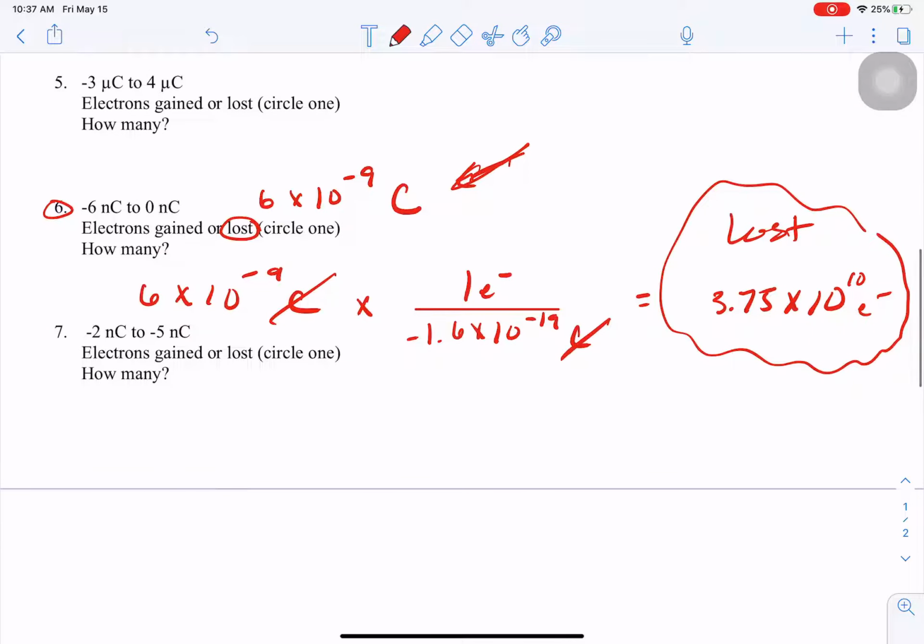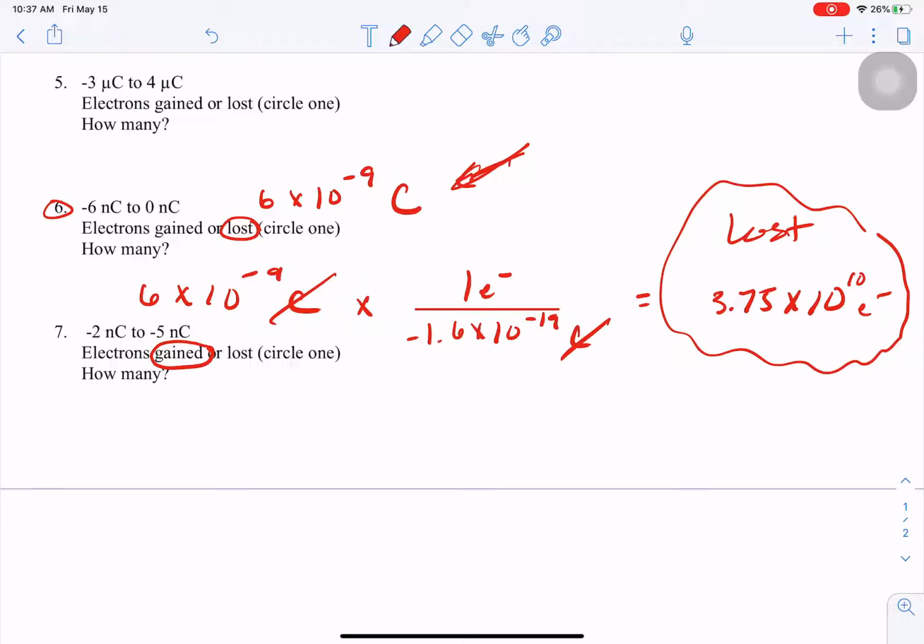I'll do one more. Let's do number 7 because I had a couple questions on number 7. This moves from a negative 2 nanocoulomb charge to a negative 5 nanocoulomb charge. So it's becoming more negative. If it's becoming more negative, then guess what? You're gaining electrons. Well, how many coulombs of charge have you gained?